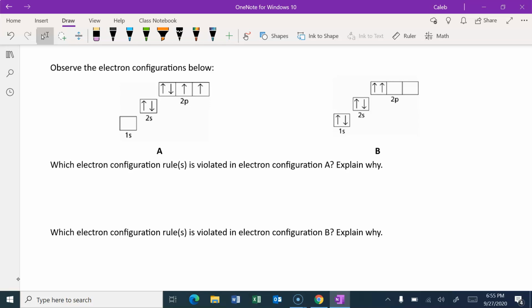Well, I hope you can see that we have an empty energy level down here at the bottom. So we tried to start doing this orbital diagram on like the second floor of the building, is the way I would look at this. So that is not following the building rule, which is the Aufbau principle.